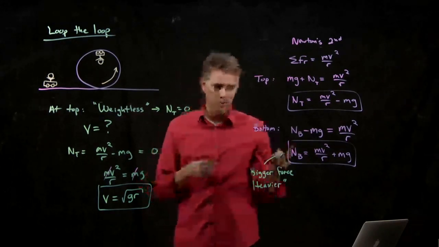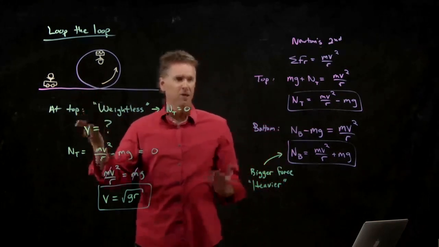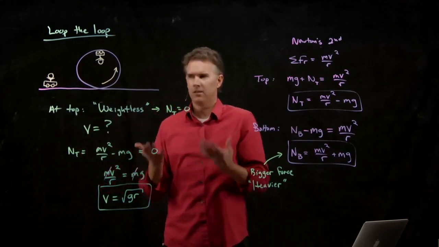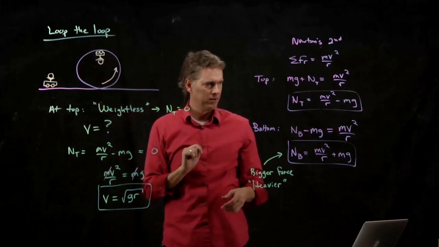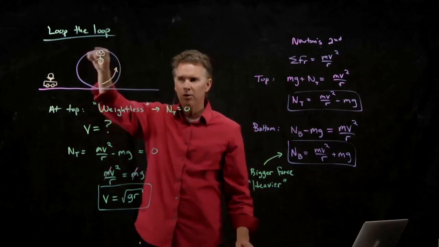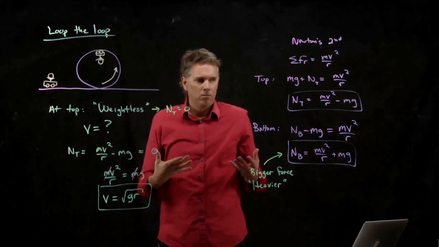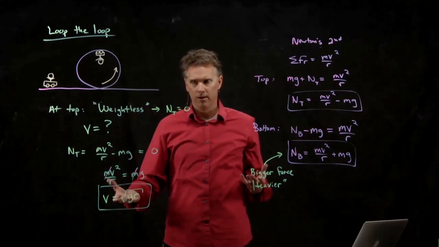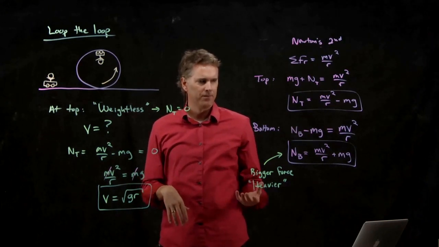But more importantly, when you design a roller coaster, you want to make it fun. You want the roller coaster to be exciting, and it's really exciting when you have that feeling of weightlessness. When you go around the roller coaster and you're up at the top, you feel a little bit more weightless. Maybe not entirely, but close to it. And that is what roller coaster designers are trying to do.